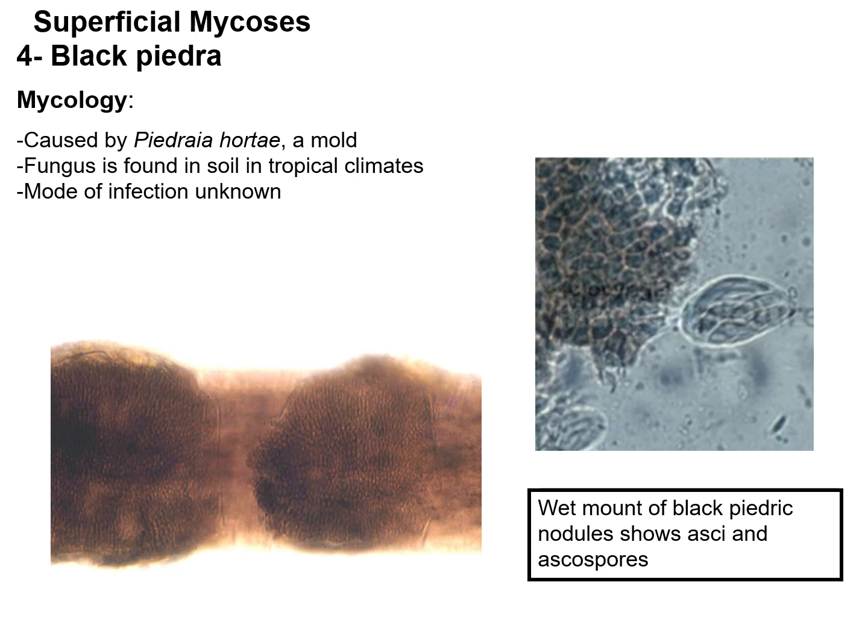The agent behind black piedra is Piedraia hortae, and this is a mold species. It's found in soil in tropical climates, and this is what a nodule would look like under the microscope. And then if you crush it and examine it, what's typical to be seen are these asci, so these asci will contain ascospores.